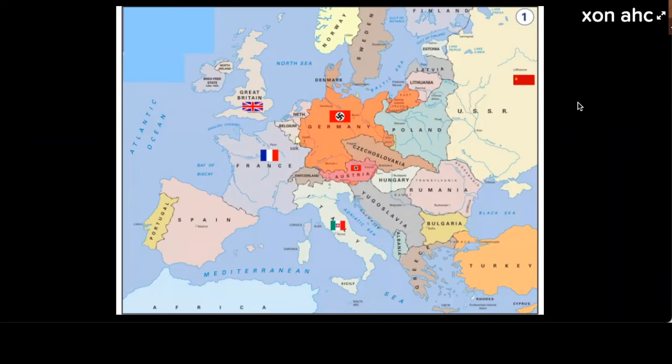Has the war started yet? No. Hitler's going to keep taking land. He's going to invade Czechoslovakia and take the Sudetenland. But the war doesn't start until Hitler invades what country? Poland. All Poland wants is to exist. But they are going to keep getting invaded.